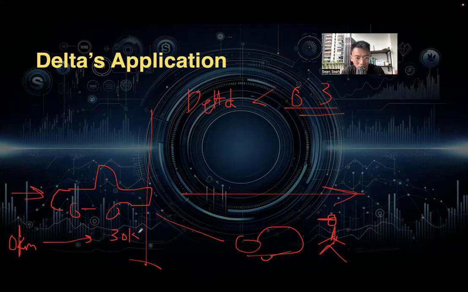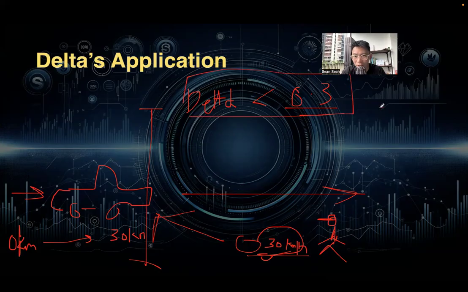You know that it is accelerating, correct? But when the camera captures it at that point in time, it can only capture the current speed, 30 kilometers per hour. So delta is the speed.